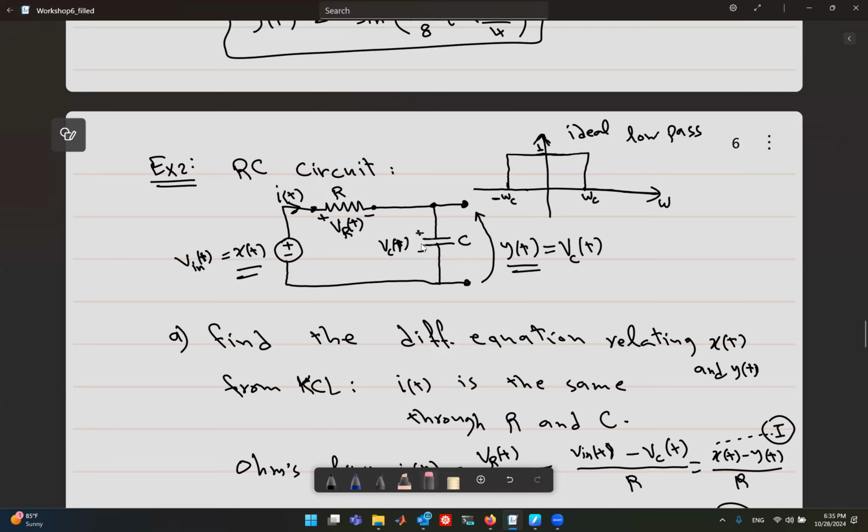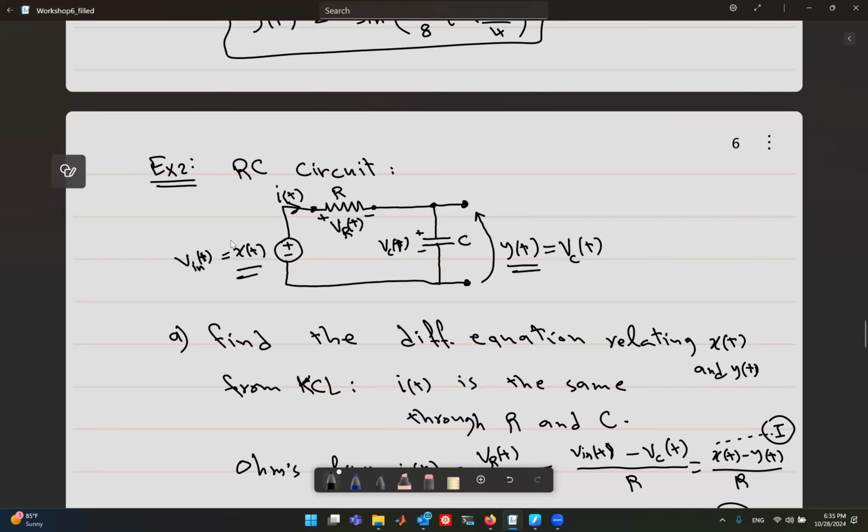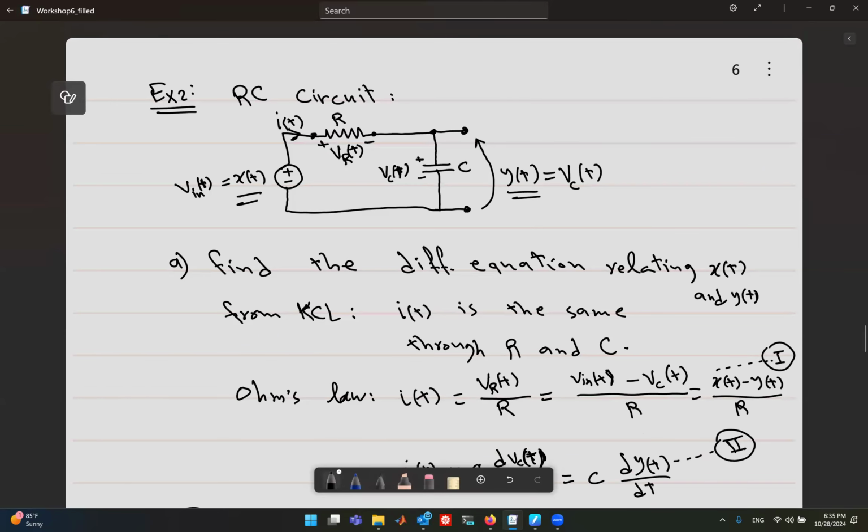This will be implemented using circuits, and those elements are not ideal. So the frequency response of this system would look like this. And here is 1.